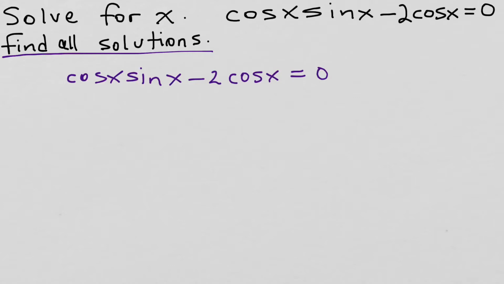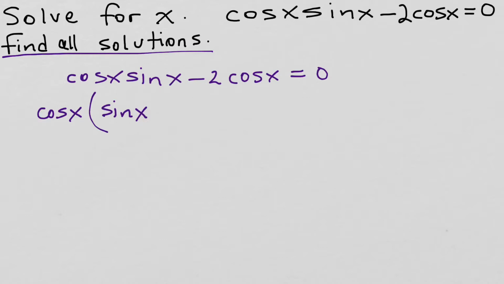So I can factor the cosine of x out of both of those terms, and I'm going to put it out front. So if I factor cosine of x out of cosine of x sine of x, I'll be left with sine of x. And you can check yourself by seeing whether distributing cosine of x times sine of x gets you back your original term, and it does.